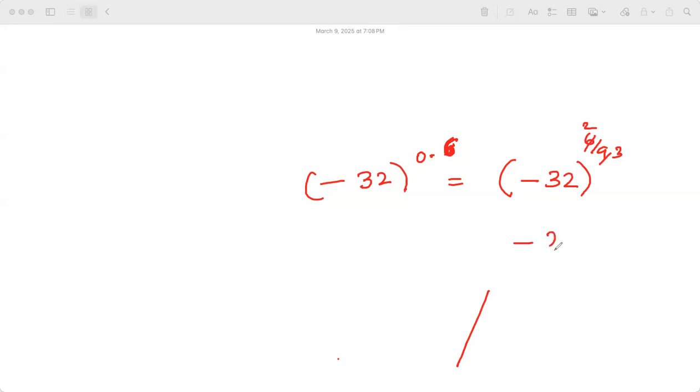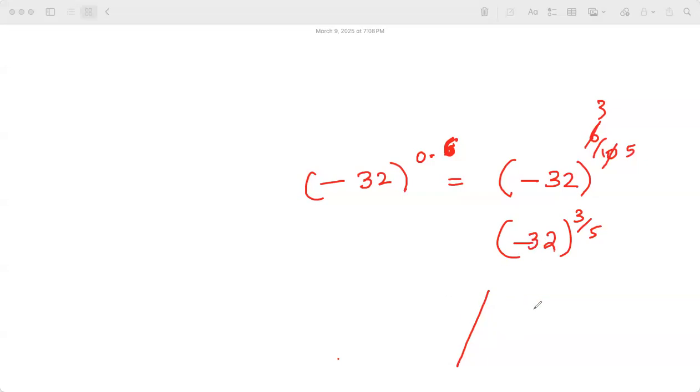Isn't 0.6 the same thing as 6 by 10? Yes, sorry, 6 by 10. So that would be 3 by 5. So that would be minus 32 power 3 by 5. But here, when you think about it, 32 power 3 by 5, 32 is a composite number.